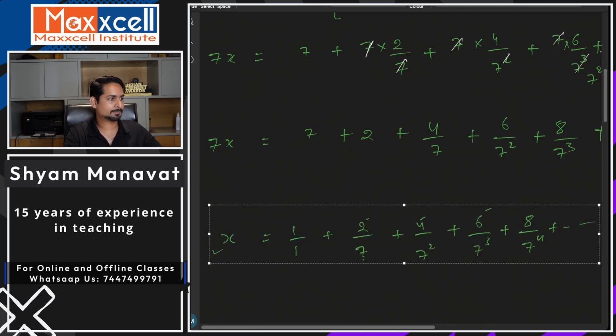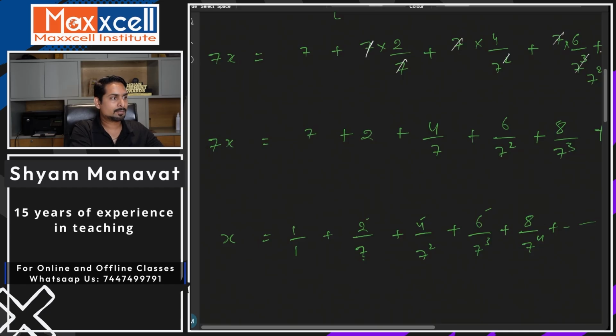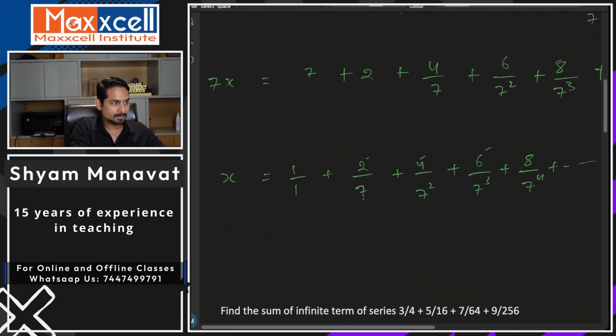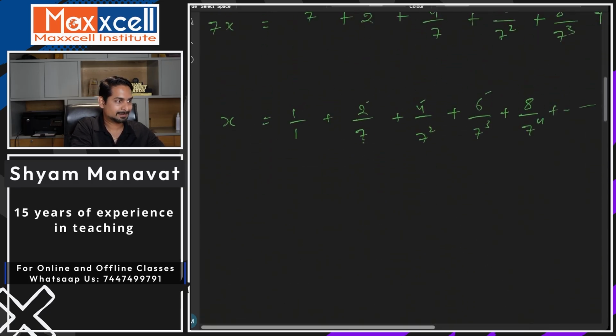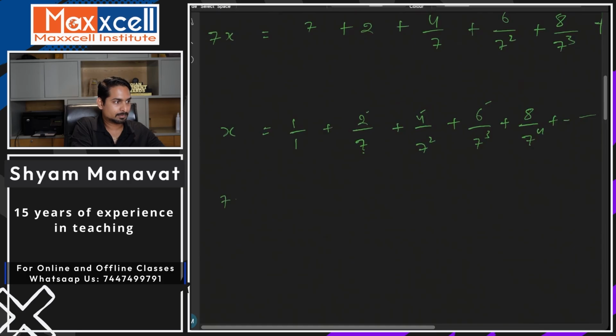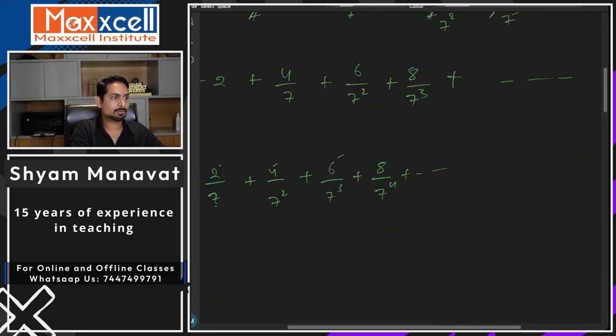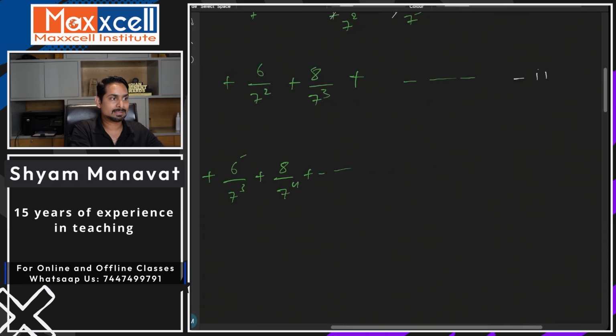If you subtract this 7x with x, or if you want me to name it, this is, let's say, equation number 2 and this is equation number 1.